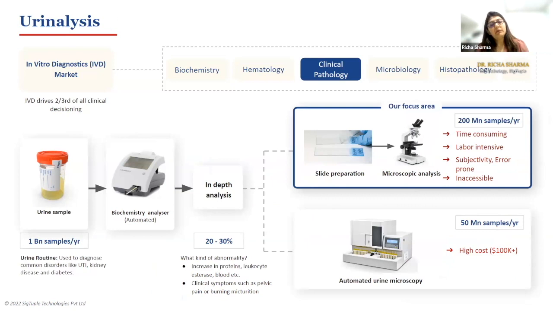Again, with slide preparation and microscopic analysis, the problem is the same: it is time consuming, labor intensive, subjective, error prone, and in areas where experts are not present, sometimes the results are erratic. There is another solution other than manual microscopy, which is digital microscopy and automated urine microscopy, available in the market. Again, the penetration of this solution is low because of the high cost.